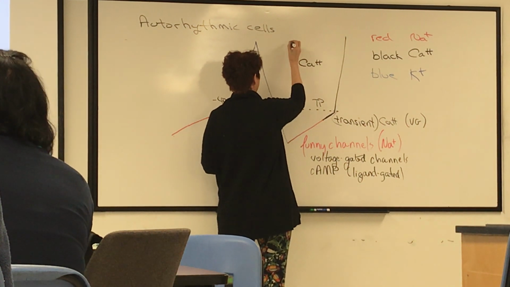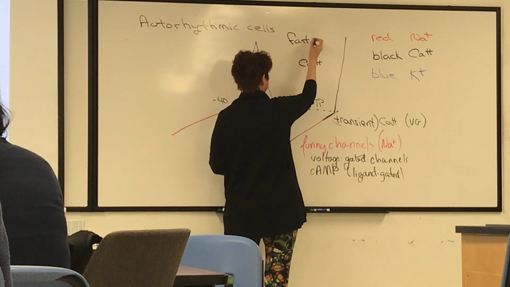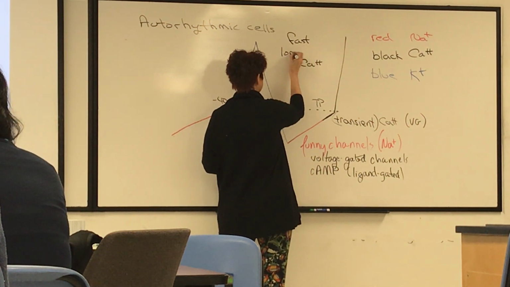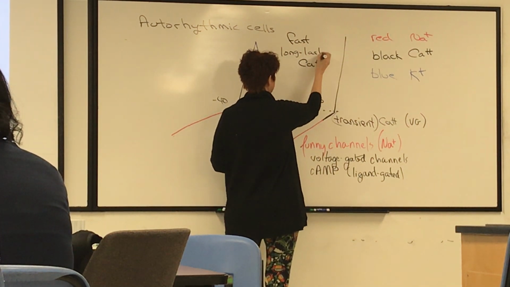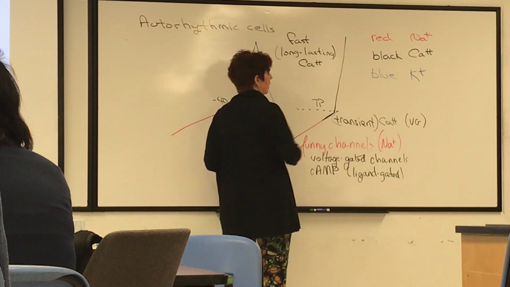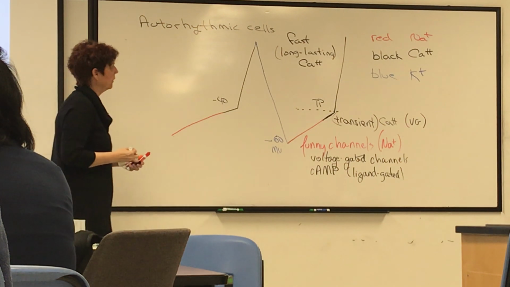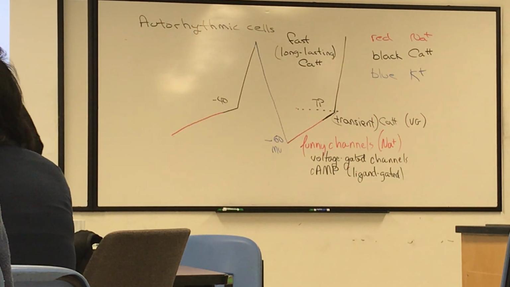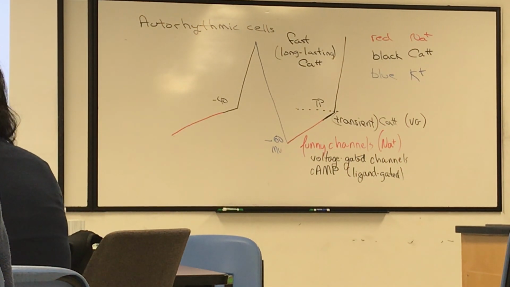And these are called fast calcium channels as well as long lasting. So you'll see long lasting or fast, and L-type for long lasting, so you'll see both of those. We're going to compare that to the contractile calcium channels of the contractile cardiac cells that are slow calcium. Okay, so that's why I call it the fast calcium.